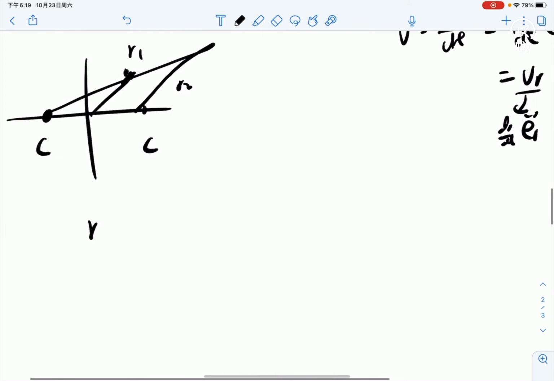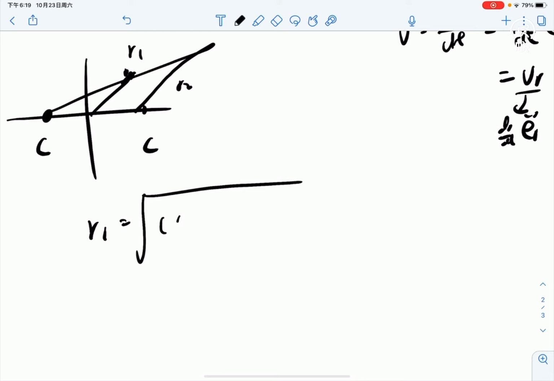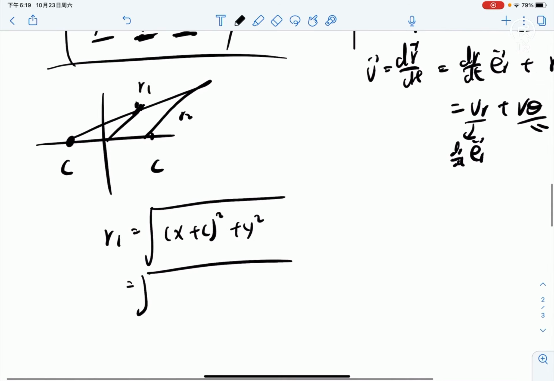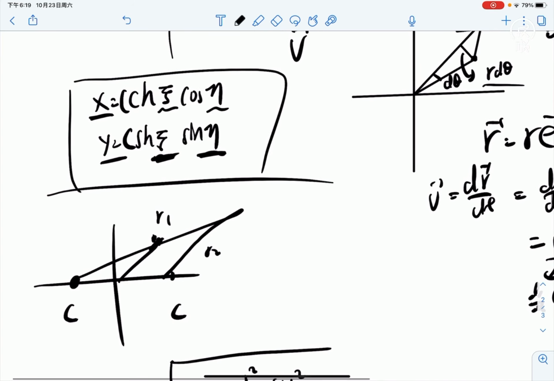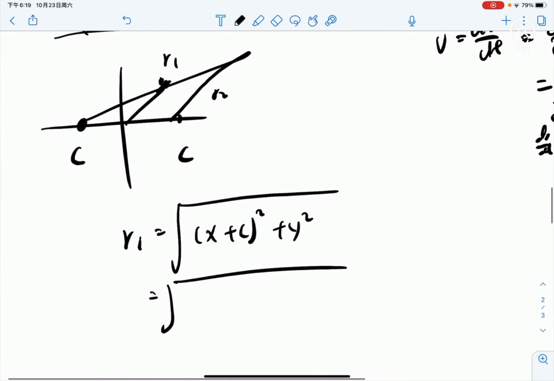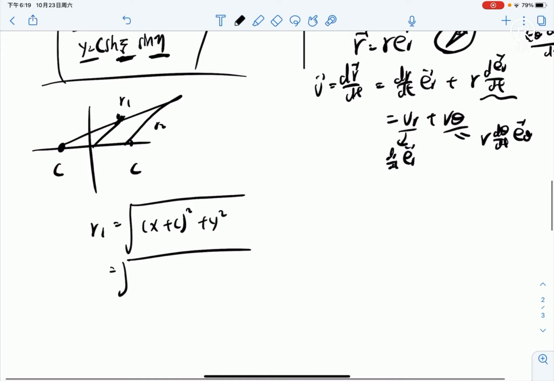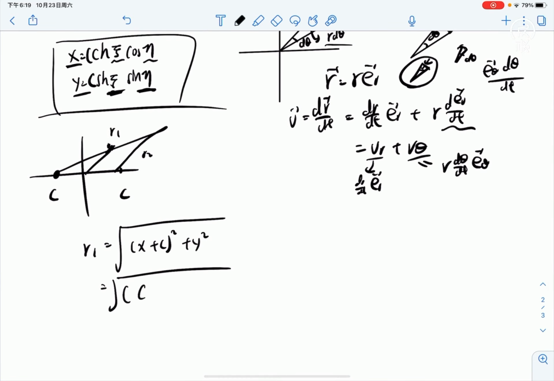R1, which is equal to the square root of (x plus c) squared plus y squared, which is equal to, okay, wait a second. Okay. So c cosh cos squared plus c sinh sin squared.